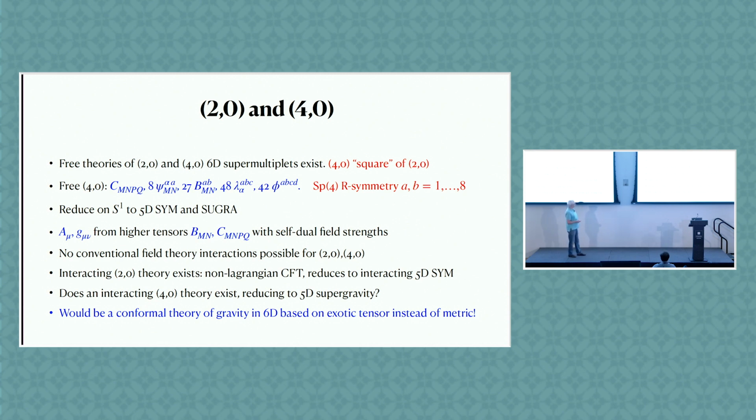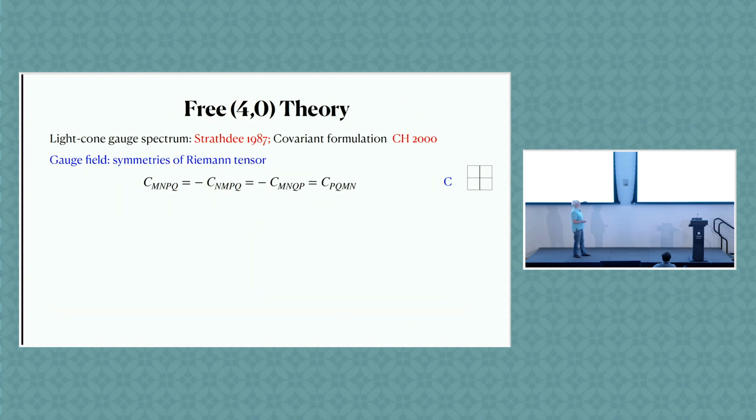And rather remarkably, this would give a theory in 6 dimensions which is conformal, but nevertheless reduces to conventional gravity in 5 and lower dimensions, and which is based not on a metric, a conventional 2-index graviton which can be understood geometrically, but on an exotic tensor instead, which is rather interesting.